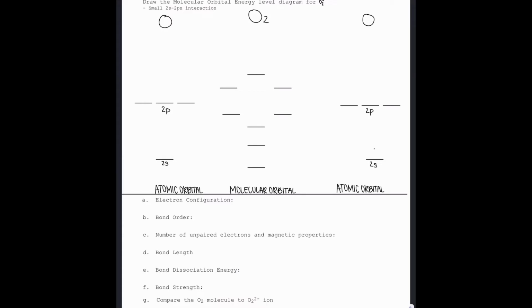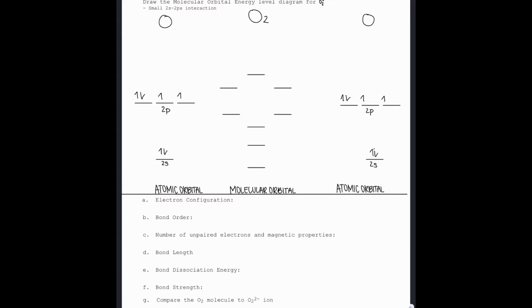The first thing we're going to do in this diagram is draw the valence electrons for the 2 O atoms. Each will have 6 valence electrons. 1, 2, 3, 4, 5, 6. On the other side, 1, 2, 3, 4, 5, 6.